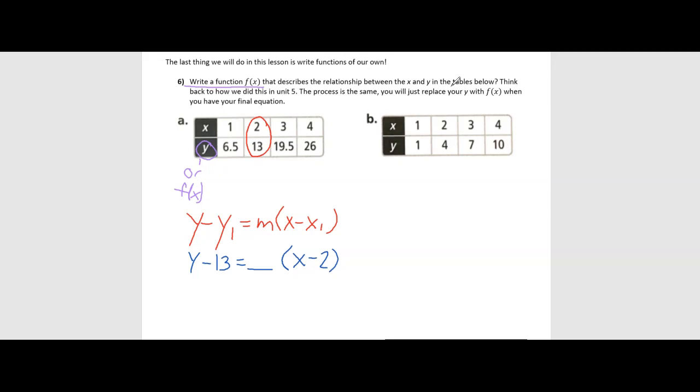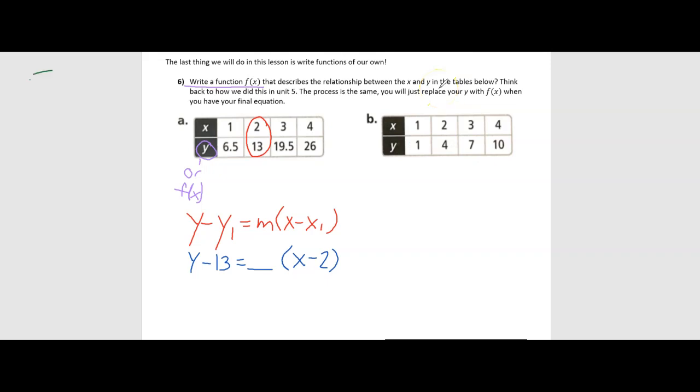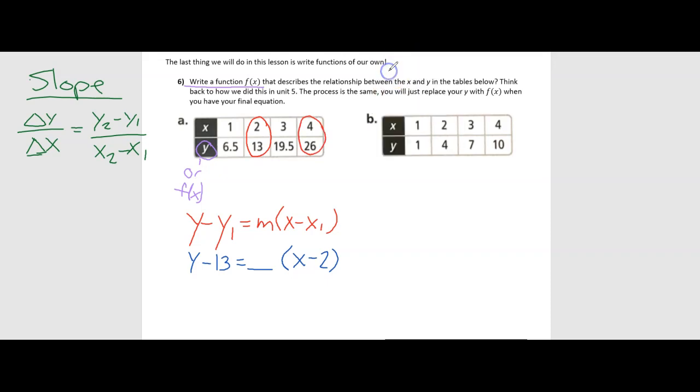Now we need to figure out what that slope is. And to do that, well, we have a formula, right? We have the slope formula. Change in y over change in x, we know that's equal to y2 minus y1 all over x2 minus x1. So we need to pick another point from our table to use. We can use 4, 26. We'll stay away from the decimals, make it a little bit easier on ourselves.